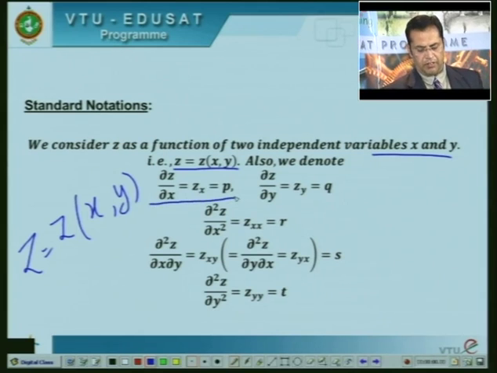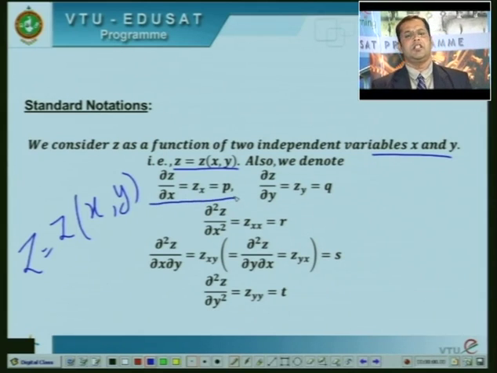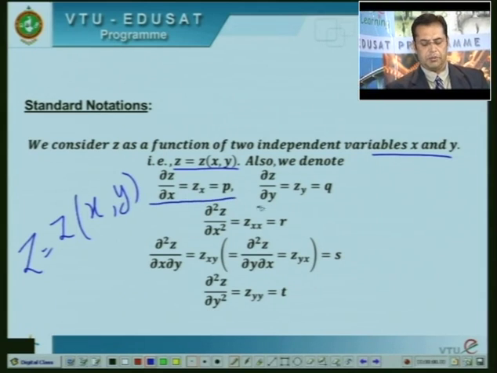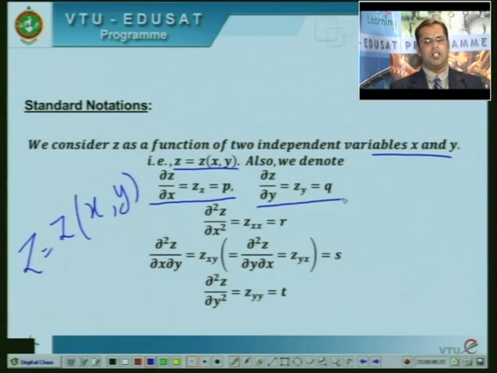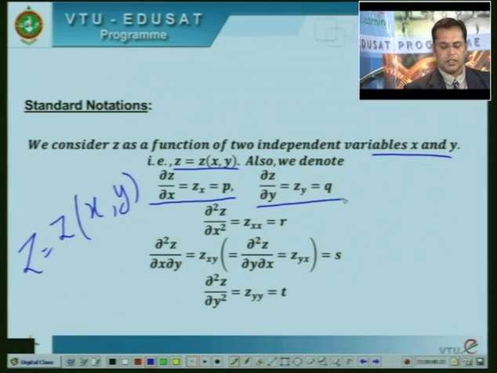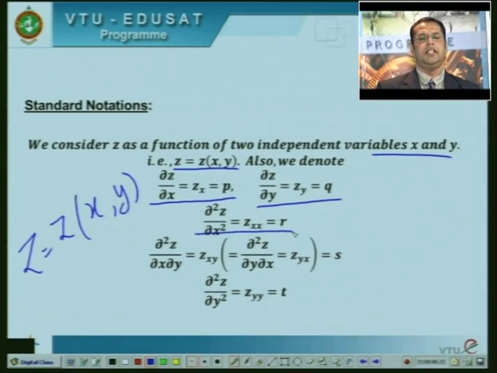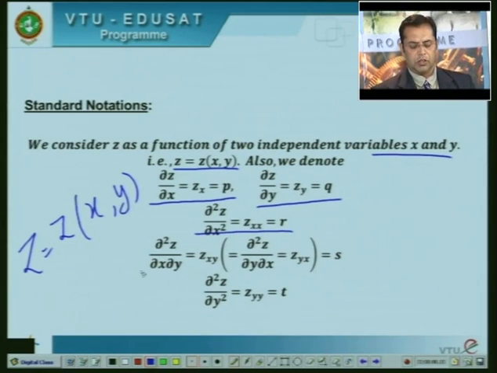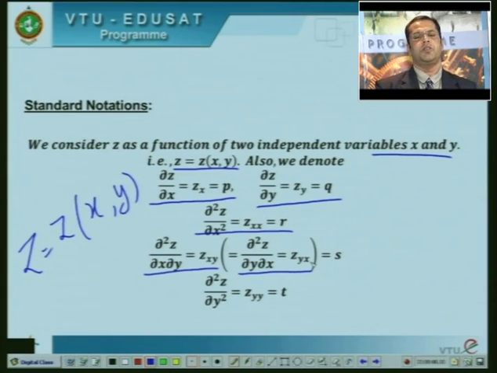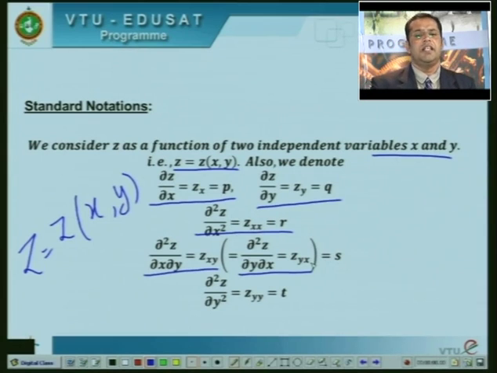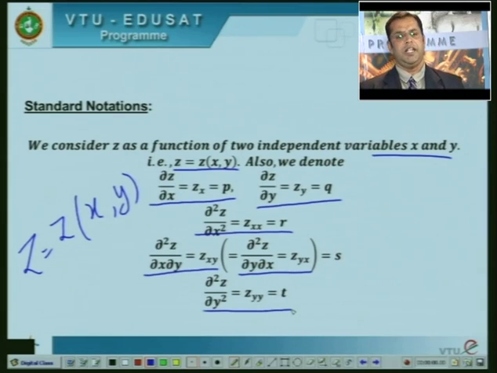Also, we have the following notations: dou z by dou x is p, dou z by dou y is q, which are the first order partial derivatives. Dou square z by dou x square is r, dou square z by dou x dou y or dou square z by dou y dou x, both of which, my friends, you know are one and the same, is s, and finally the second order partial derivative with respect to y, which is t.